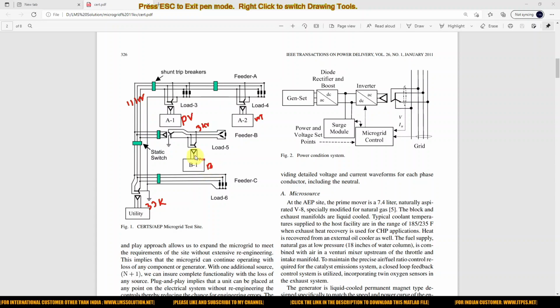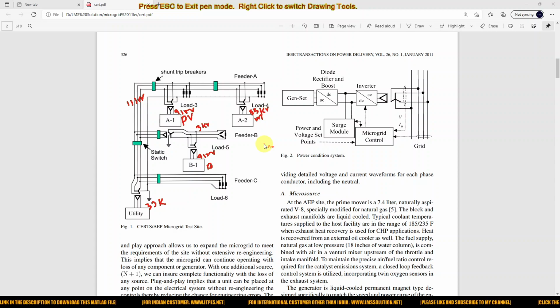Here the operating voltage will be around 415 volt. Here also the operating voltage will be 415 volt. Here the operating voltage will be equal to 33 kilovolt.